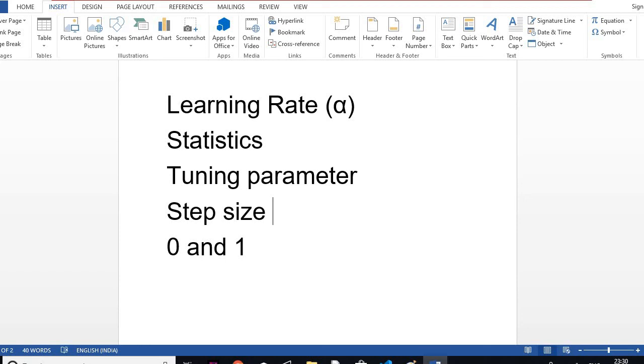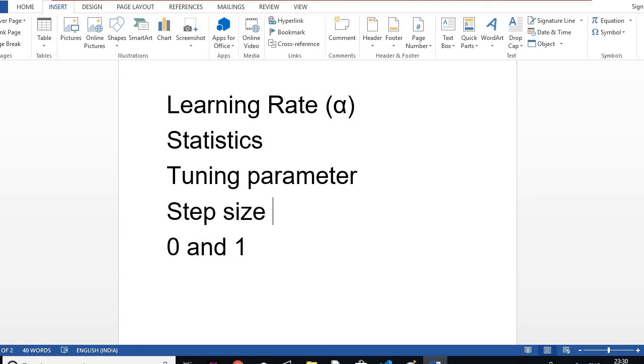If it is very low, the training is very slow. So we need to select alpha in between, by a repetitive process, through different iterations, to understand what value we can choose for this learning rate.